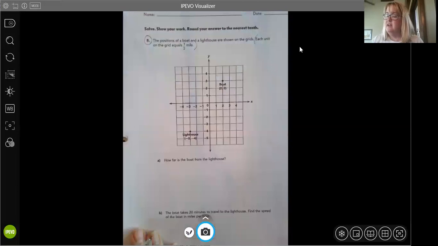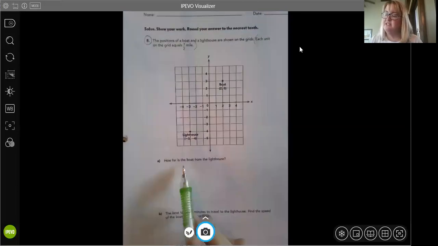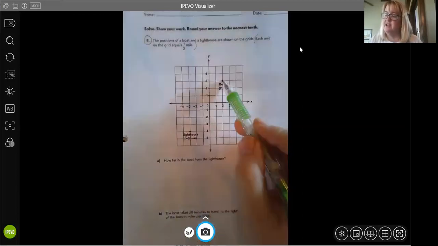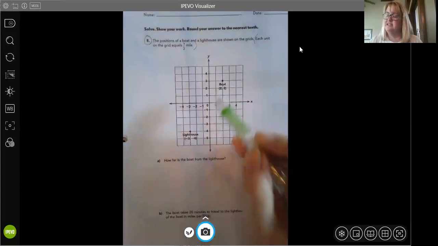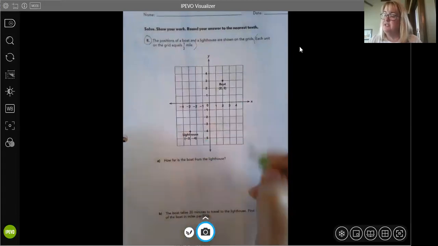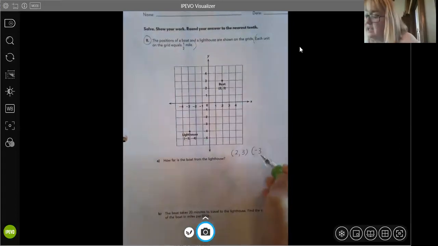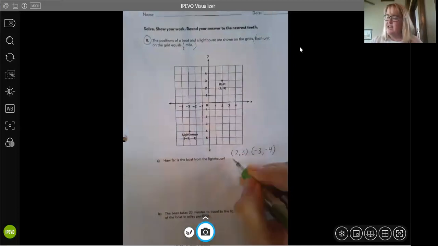We're going to find how far is the boat from the lighthouse. Here's the boat, here's the lighthouse. So we're finding the distance. Well, our 2 points, the boat is at 2 and 3. The lighthouse is at -3, -4. Okay. 2 is X, 3 is Y, -3 is X, -4 is Y.